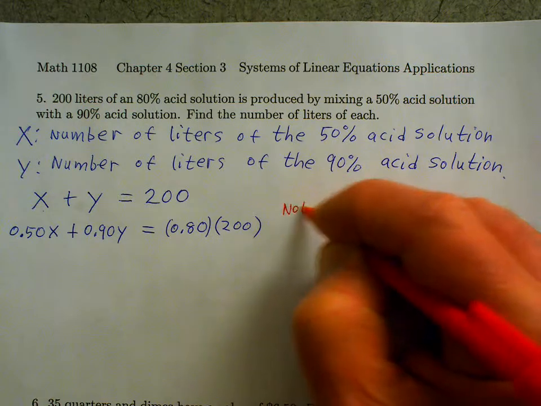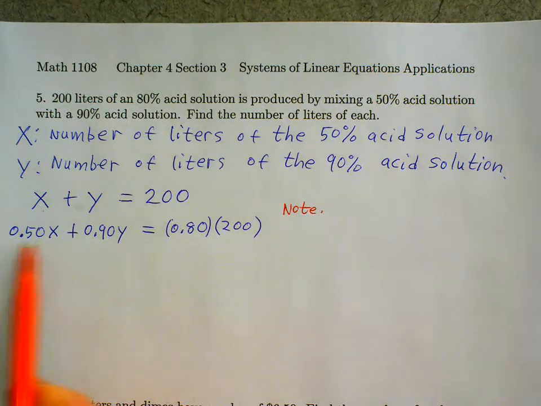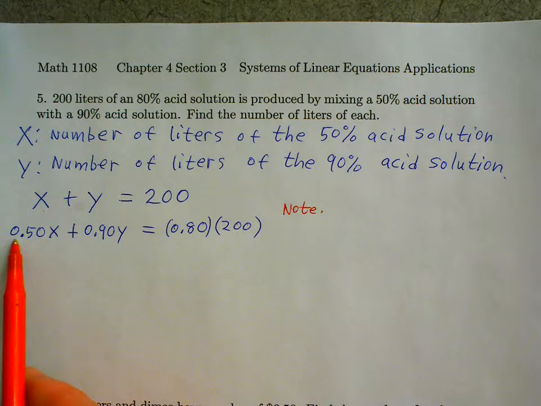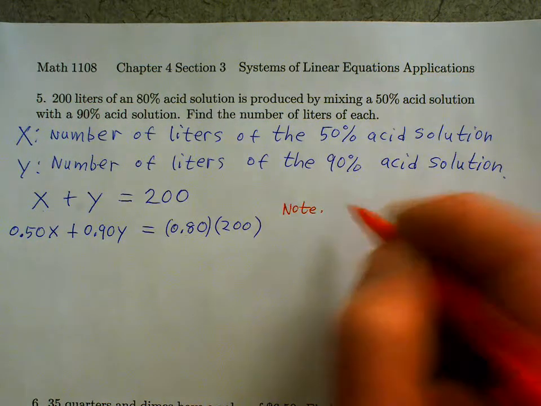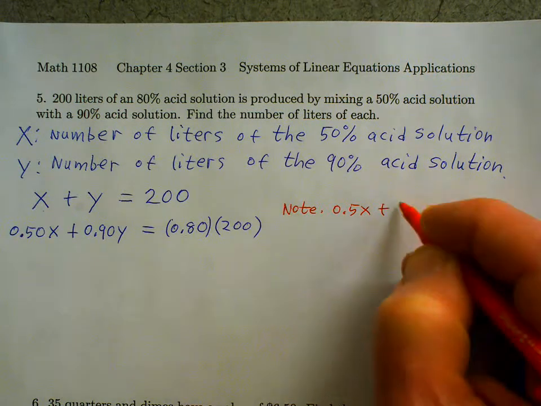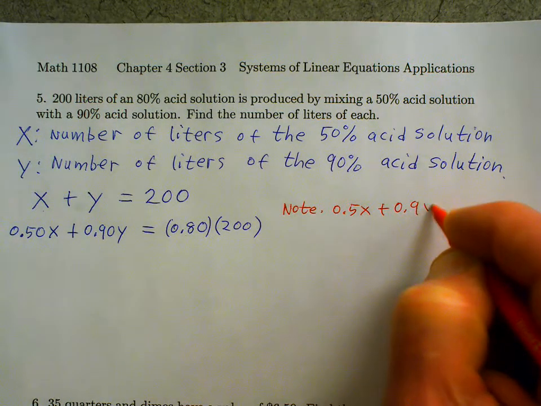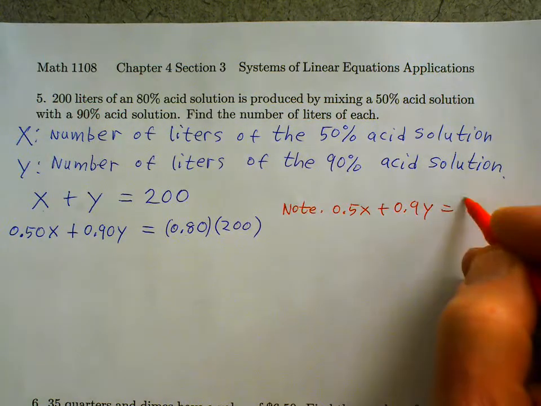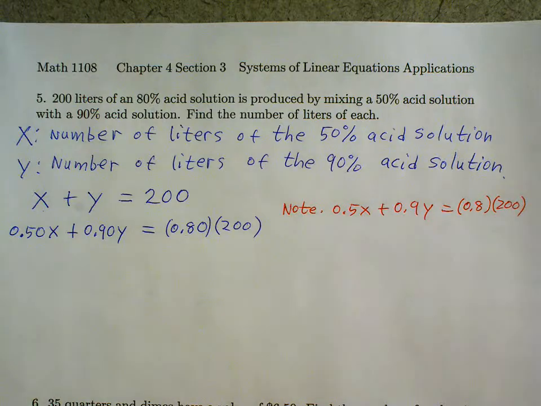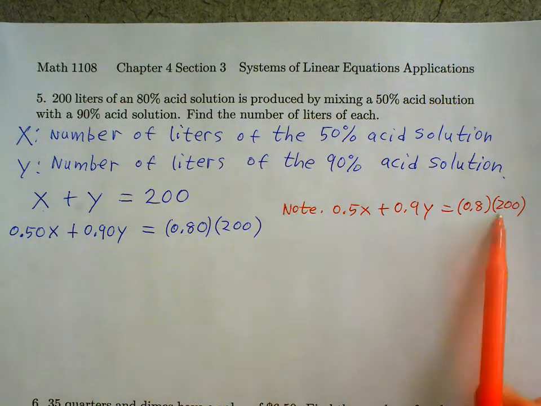Just a note, when you have a decimal, zeros added to the end can be used, but you can omit them also. So this equation is equivalent to writing 0.5x plus 0.9y equals 0.8 times 200. These two equations are equivalent.